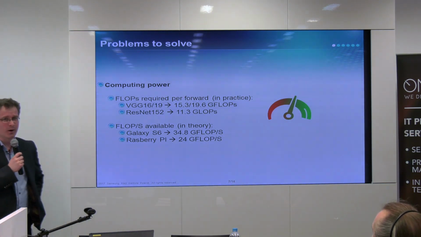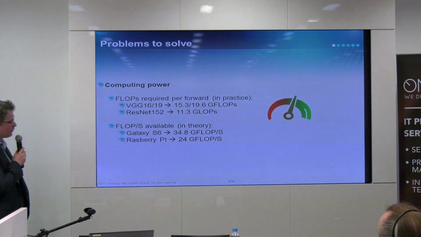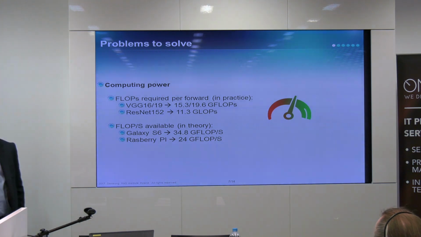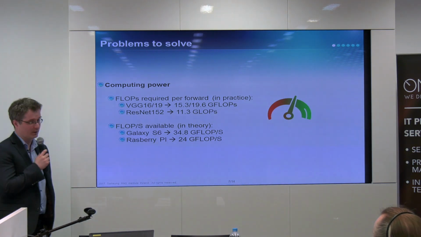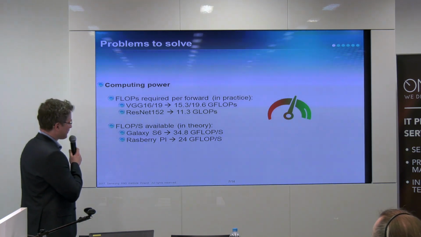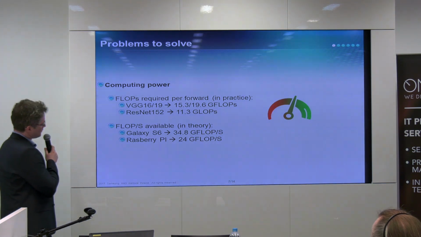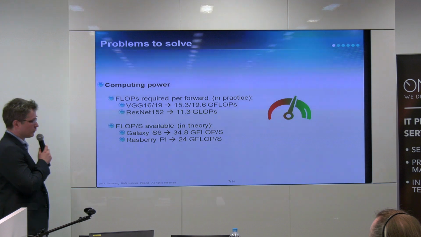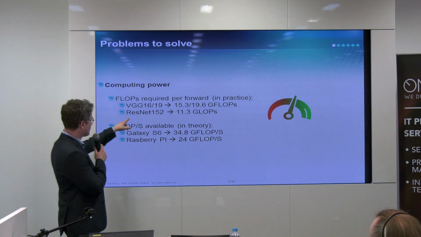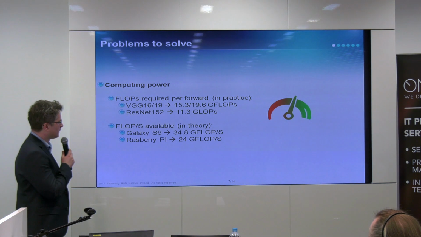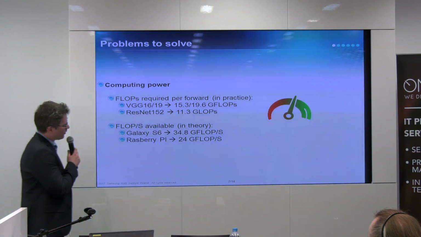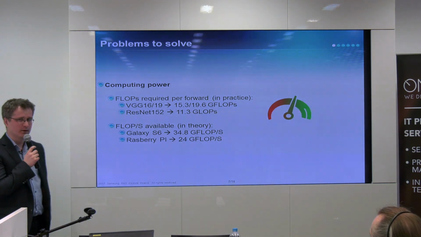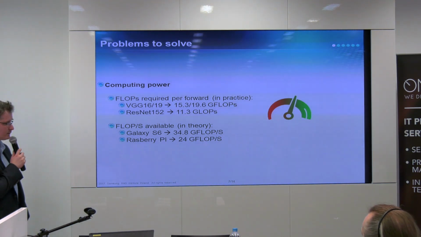Another problem is the computing power. Okay, I have here the floating point operation. The neural networks are all about working on floating point numbers. So in practice, if we want to make a forward calculation for the typical neural network for the object recognition, like VGG or Microsoft Residual Network, which is very deep, we need approximately 10 to 20 gigaflop per second.